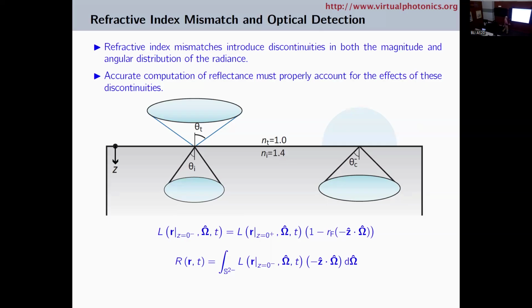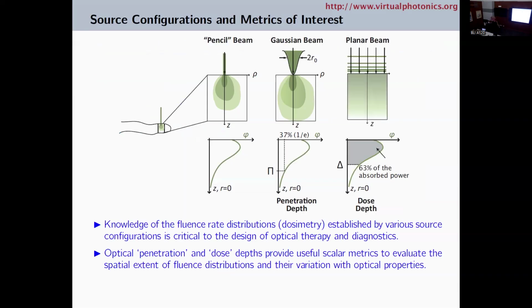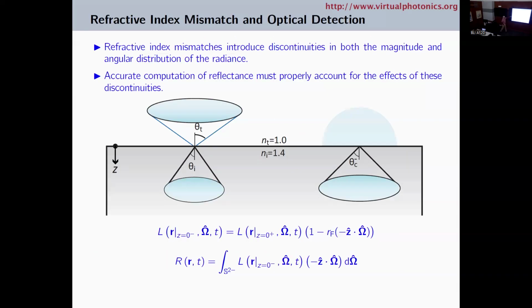In some sense, it's a small angular interval of light that, when it crosses the boundary going from a high refractive index to a low refractive index, gets expanded or spread out to a larger angular area. And so if you're looking at the radiance field here, you end up getting a discontinuity in the amount of light on this side of the boundary and that side of the boundary.